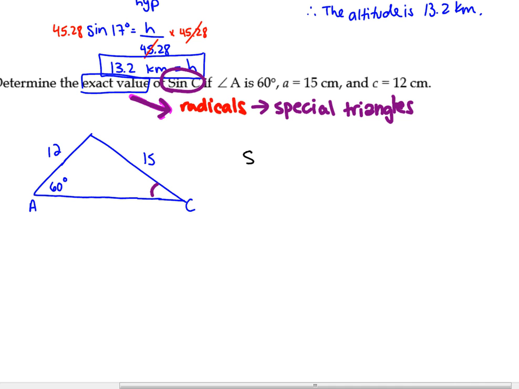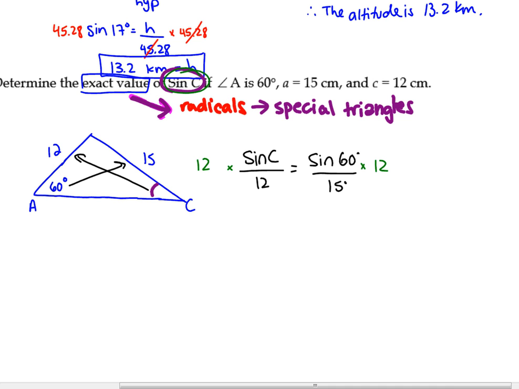Sine C divided by its opposite of 12 equals sine of 60 divided by its opposite of 15. Now we're going to have to do what to both sides? Multiply by 12. We're looking for sine C, so we're trying to isolate sine C.